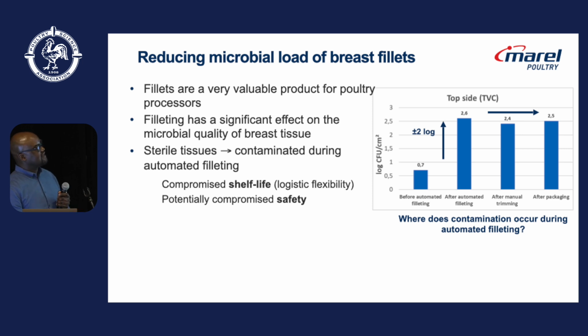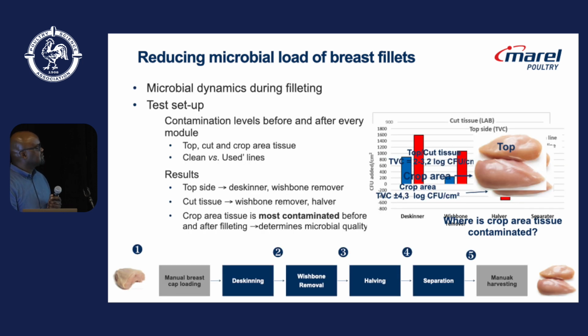So with this, we were then asked the question, where does contamination occur within that automated filleting machine? To address this question, we set up an experiment to determine the microbial dynamics within the filleting machine. We looked at the contamination levels on the fillets before and after each module of the automated filleting machine. Those are the ones in blue: the de-skinner, the wishbone remover, the halver, and the separator.